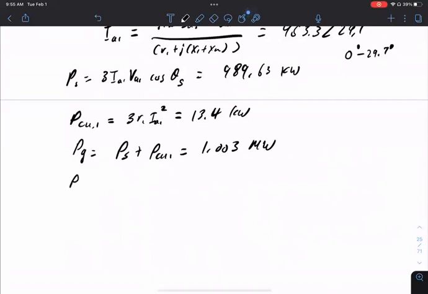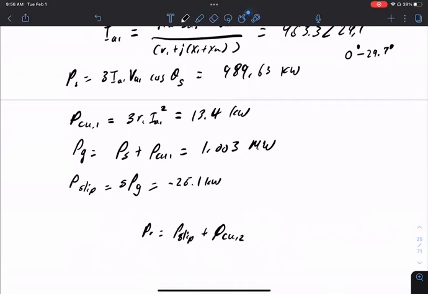Now we can compute Pslip. This is S times PG. S is a negative number, so this will be a negative power coming out. This is minus 25.1 kilowatts. The equation we really want to use for PR is Pslip plus PCU2.